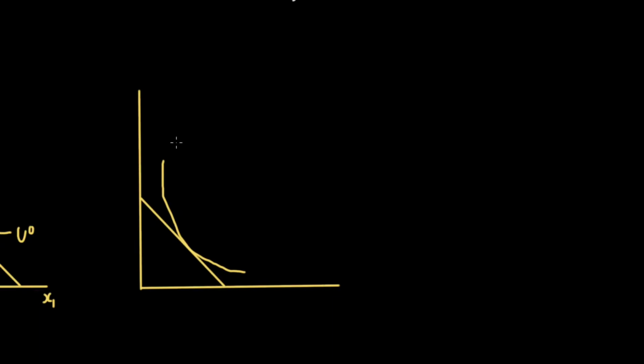So let's say that after the price change, the new budget line of the consumer looks something like this. And the consumer would now be able to reach a new utility level. And let's label this U1 and this as U0.